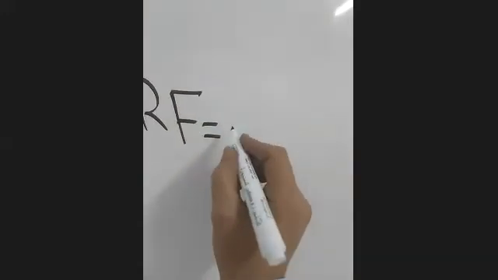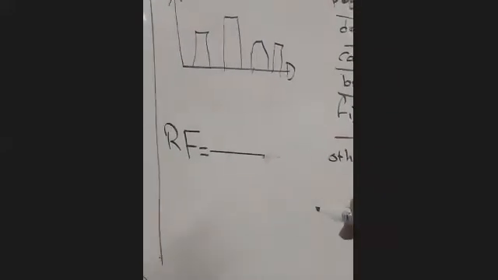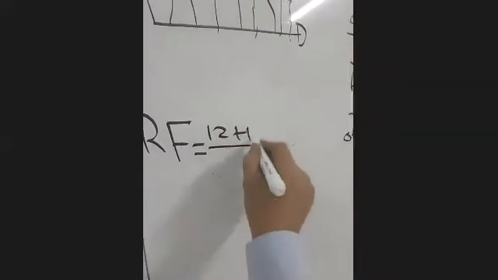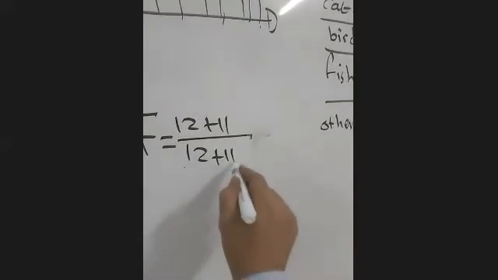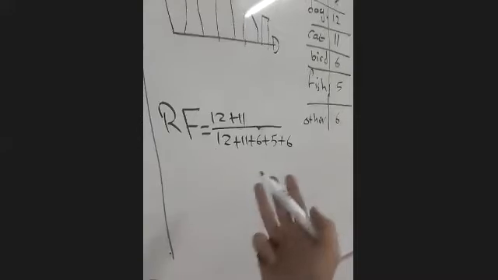Quickly, let's go. We want the cat and the dog, right? Yes. 12 and 11. And down here we have 12 plus 11 plus 6 plus 5 plus 6, right? Yes, all of them.